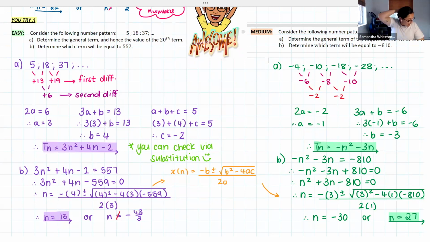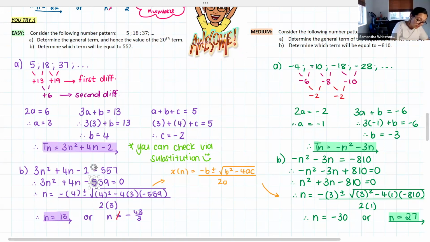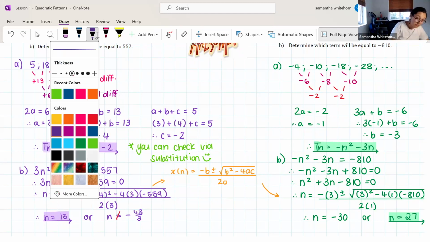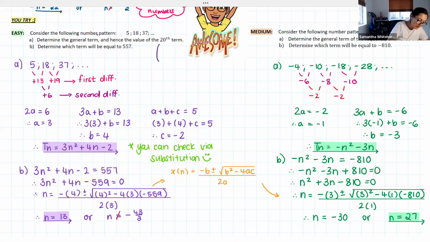I've also just realized that I did not do half of question A. Question A said find the general term and then determine the 20th term. This is why it's important to read the questions. So if you want the 20th term, T20 is equal to 3 times 20 squared plus 4 times 20 minus 2.